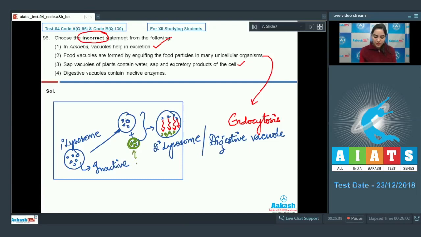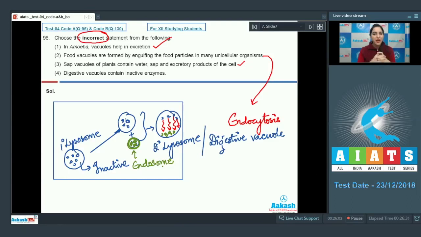Also let me write down, it has been taken inside the cell by a process where the plasma membrane undergoes an invagination and then later on forms a vesicle that is known as endosome. So the endosome carries the food particle, and then the food is acted upon by these enzymes.